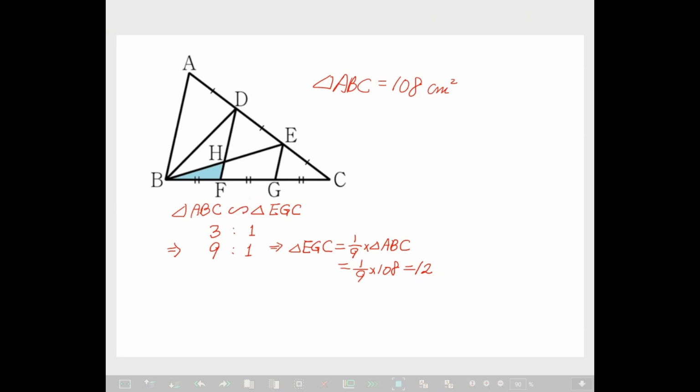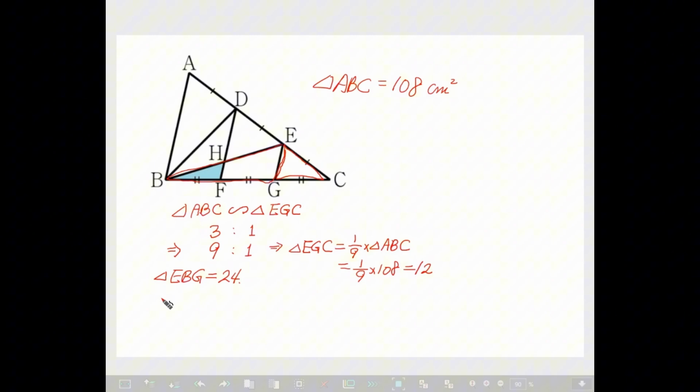And look at this triangle EBG. EBG is twice triangle EGC. So triangle EBG equals 24 square centimeters.